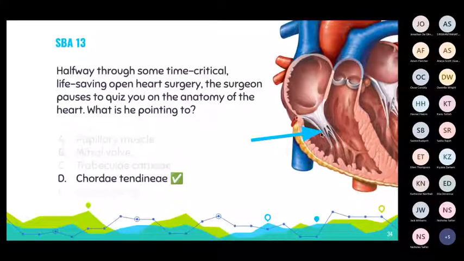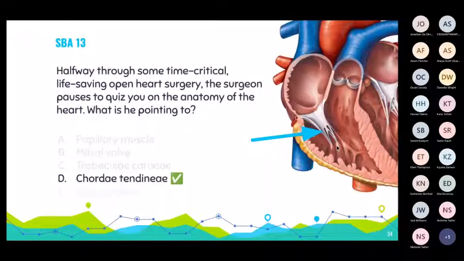This arrow is supposed to be pointing to this sort of white cord-like structure here, which is the chordae tendineae, which is the bit that straps the valve to the papillary muscles, which are these ones down here. So that's what it would be pointing at if it was the papillary muscles.